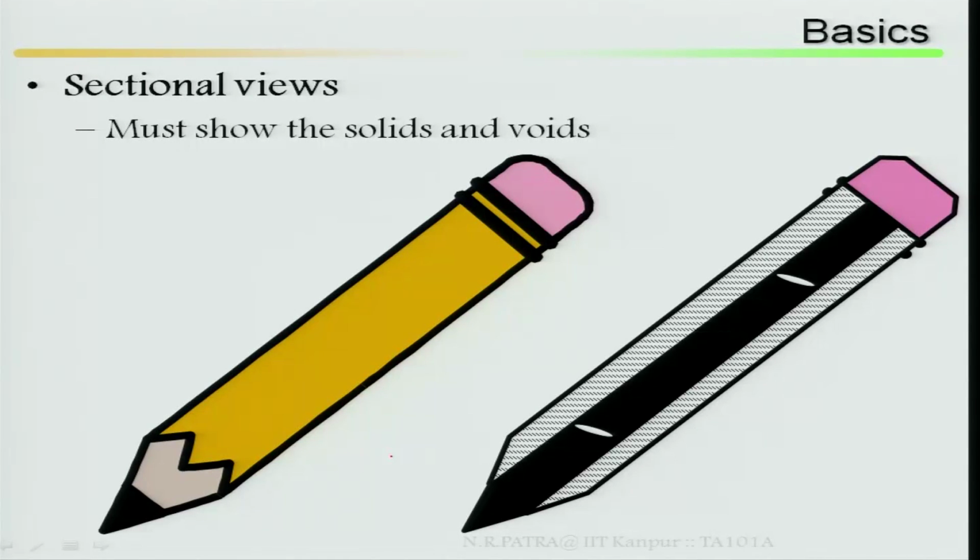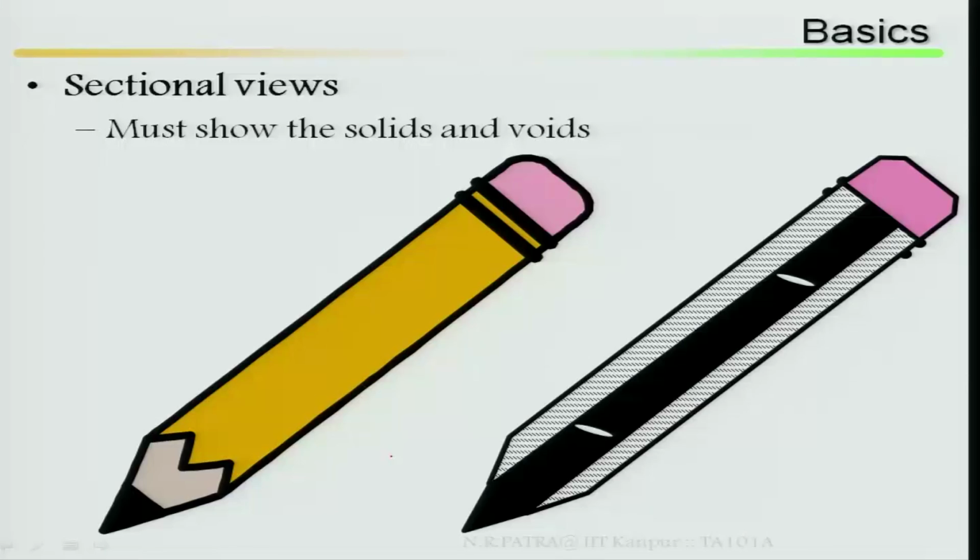In a sectional view, you should show the solids and voids. Take a simple pencil. What is a pencil made of? A simple example: lead covered by wood. Wood is a different material, lead is a different material.